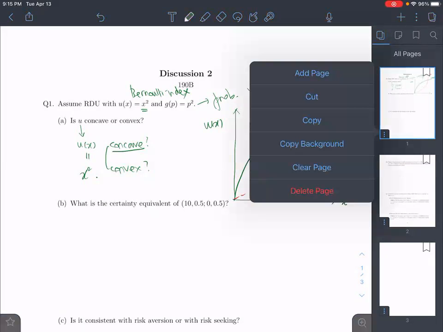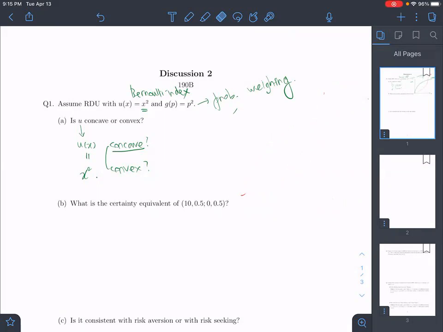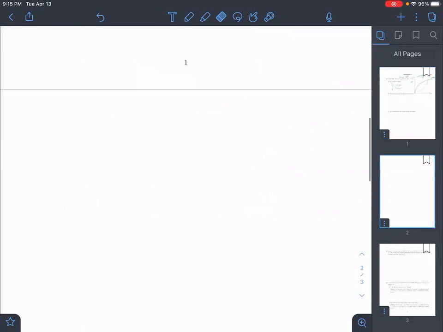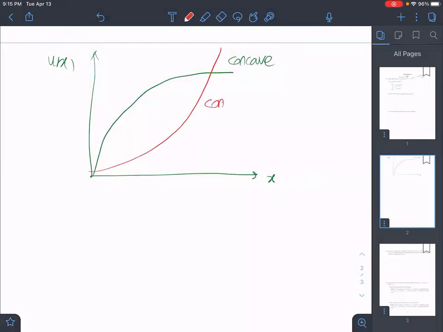Maybe I should make an additional page to discuss concave versus convex functions. Let me draw the picture again quickly. x, U(x). This is concave. And this is convex.